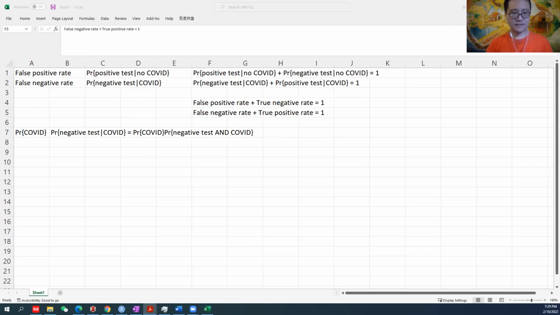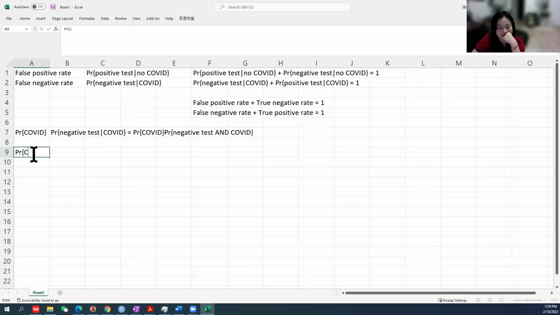We should multiply 7% with 97%. Is that what the question asks? Because this is something I confused. This question actually asks for the other probability. So it asks for this.